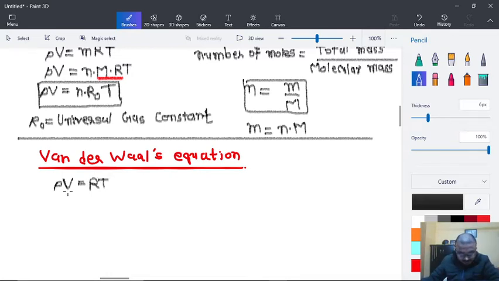So this equation was derived based on two assumptions.